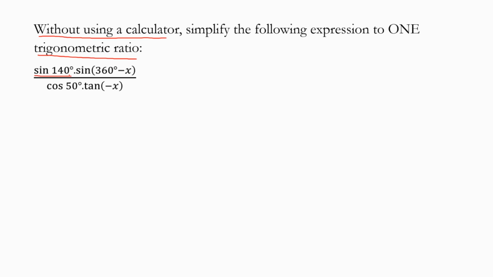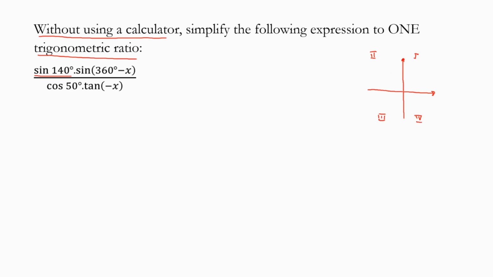Let's start with sine 140 degrees. That will be a reduction there. So where is 140 degrees? 140 degrees is in the second quadrant. Okay, quadrant 1, 2, 3, 4.